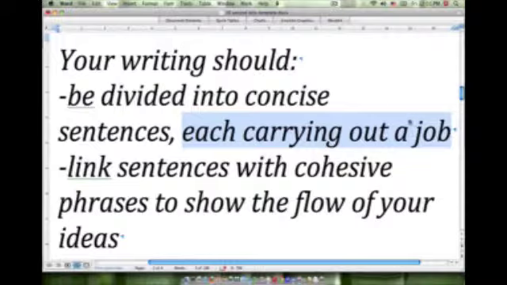Okay, that's my point number one. Point number two, your writing should link sentences with cohesive phrases.